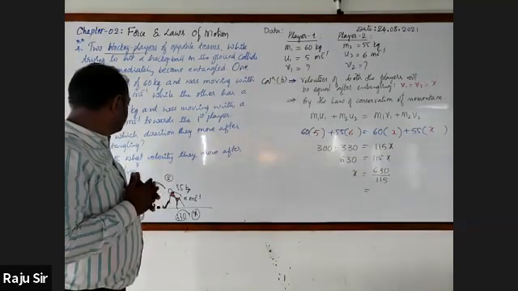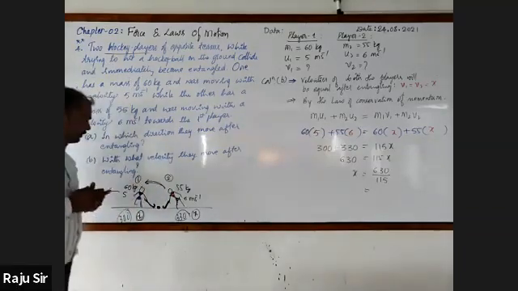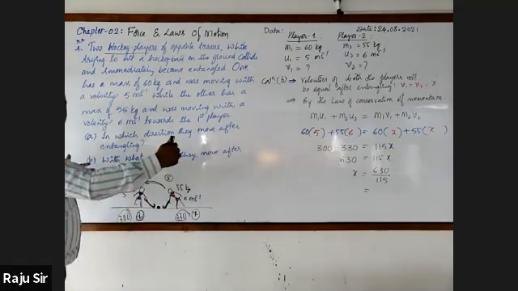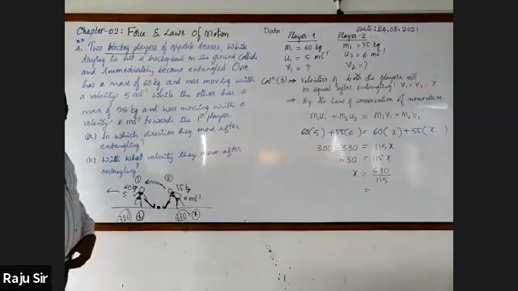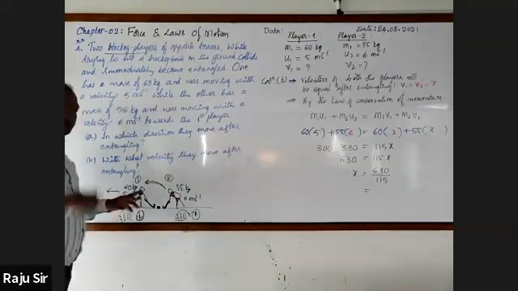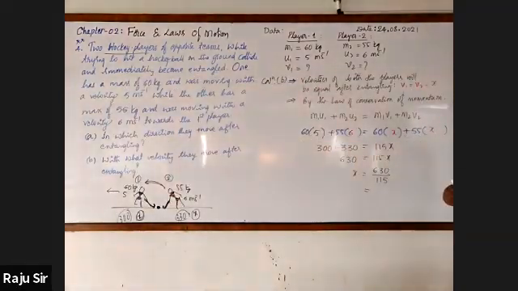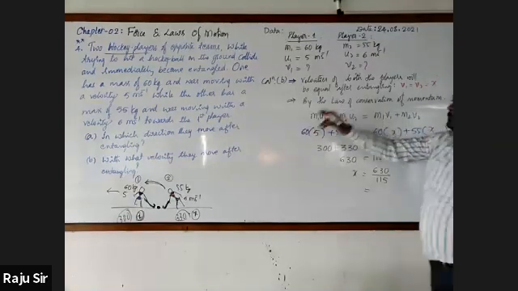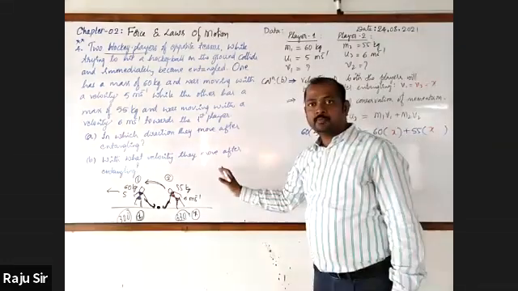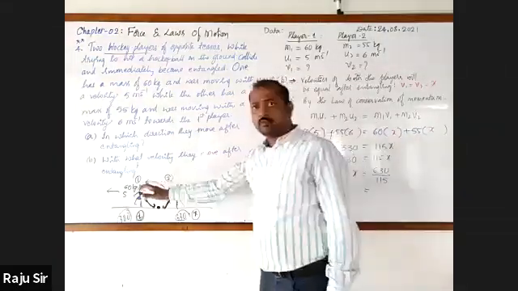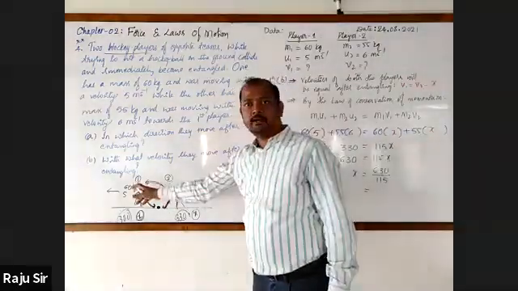Wait, 1 minute. Again, they are coming in the opposite direction. Everything is same only, nothing to worry. Minus 55. Here, player 2 is moving in the direction opposite to player 1.